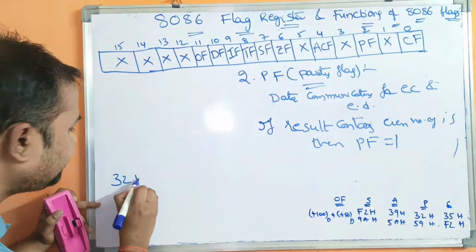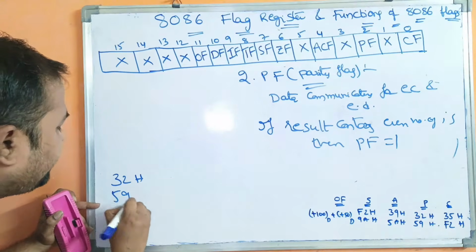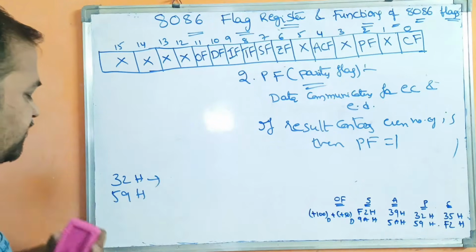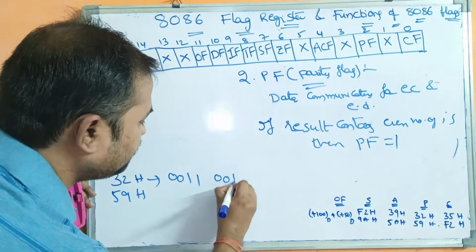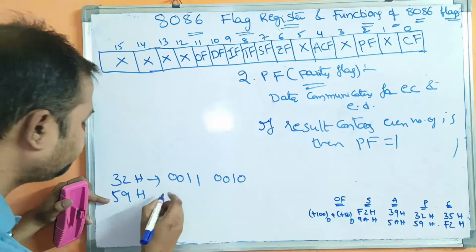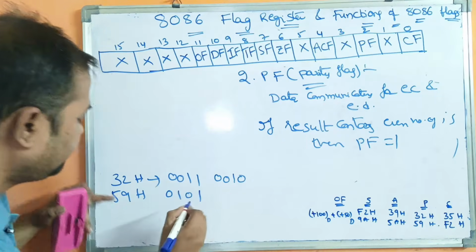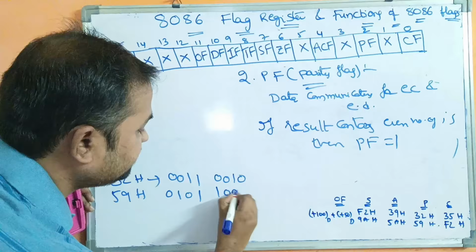Let the first number be 32H and the second number be 59H. Represent 32 in binary notation: 0011, 0010. 5 means 0101, 9 means 1001.